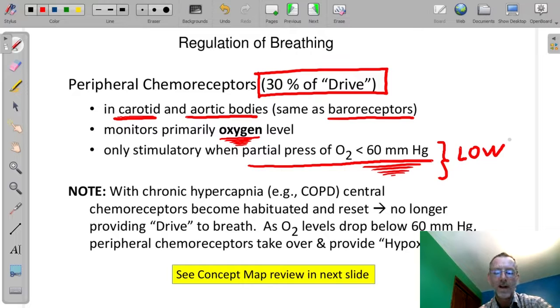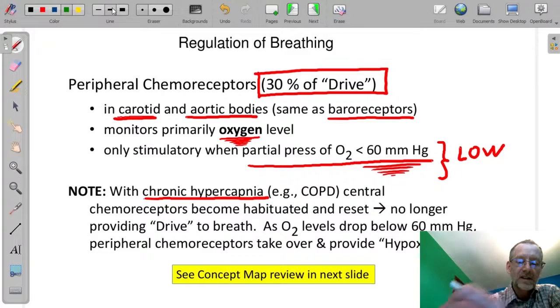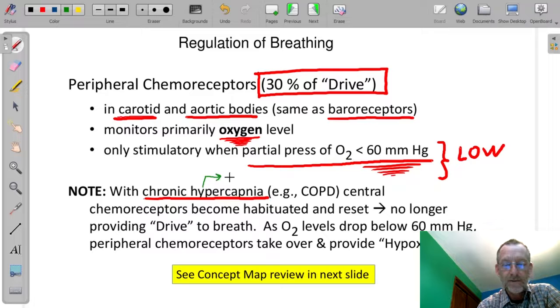Okay, so if this oxygen level drops below about 60, then these peripheral chemoreceptors kick in. And with COPD, patients with COPD have a chronic hypercapnia, and hypercapnia just means elevated CO2 in the blood.